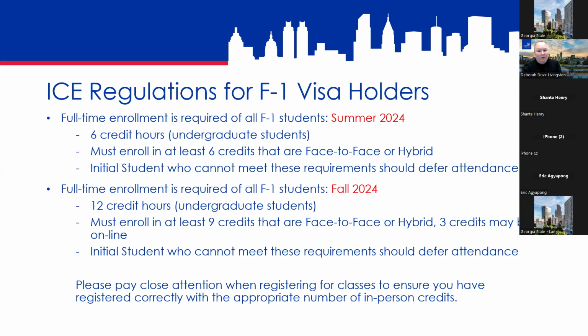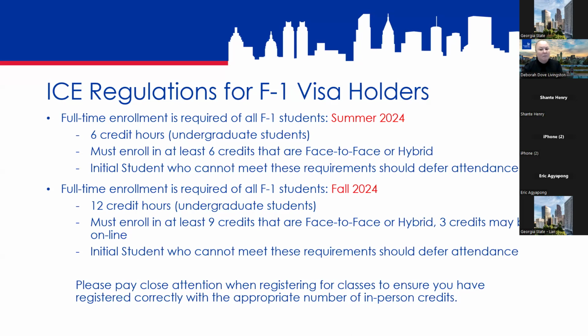Students holding F1 immigration status must be enrolled full-time each spring and fall semester. For fall semester, students must register for at least 12 credit hours. Of the 12 credit hours, at least 9 hours must be taken on campus, face-to-face, or hybrid. A student is allowed to take 3 additional required credit hours online to meet the minimum credits required of 12, or you can take all 12 credit hours on campus.